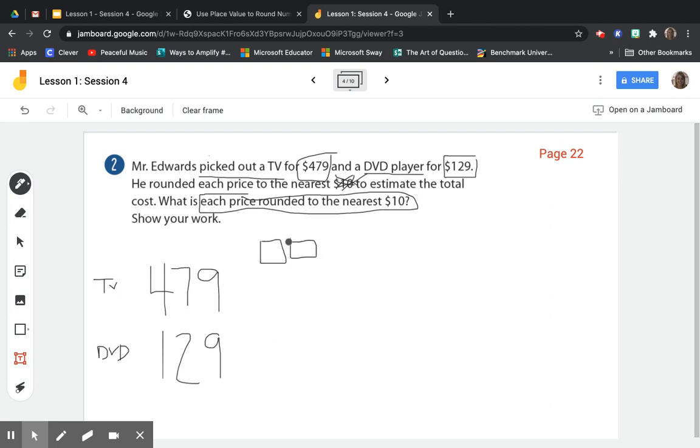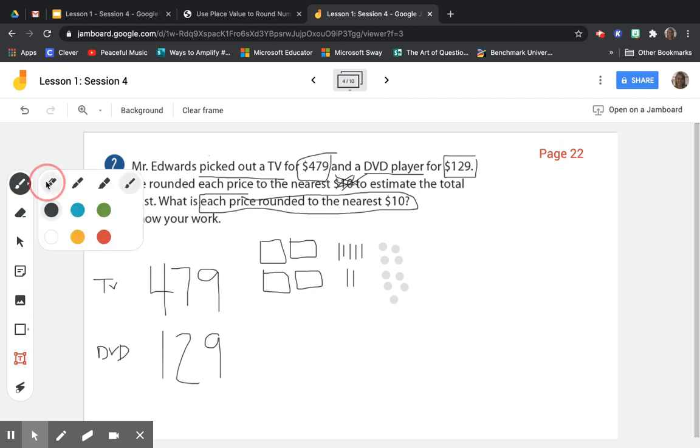I'm going to draw my base 10 blocks. 400s, 10, 20, 30, 40, 50, 60, 70, 80. Oh my gosh, a 9 again. I'm super bad at drawing these 9s because they're so tiny. 2, 3, 4, 5, 6, 7, 8. Oh my goodness, 9. Okay, done.